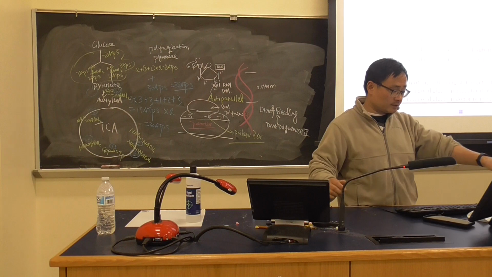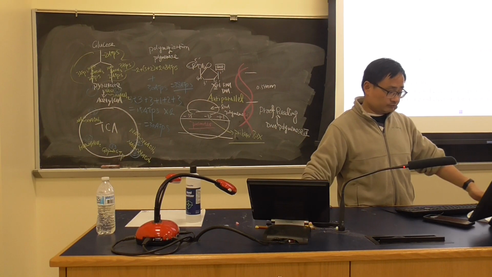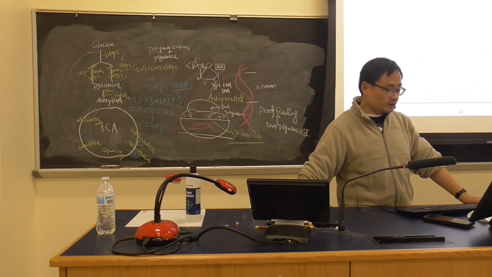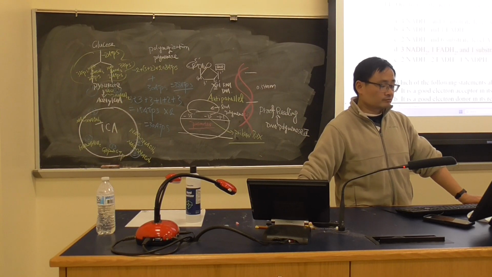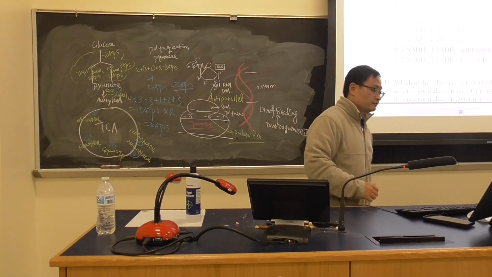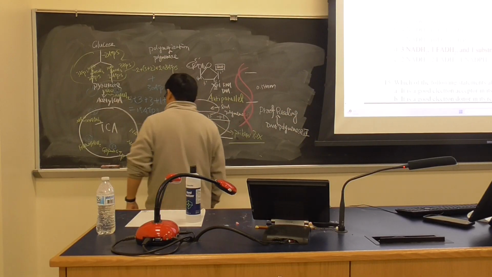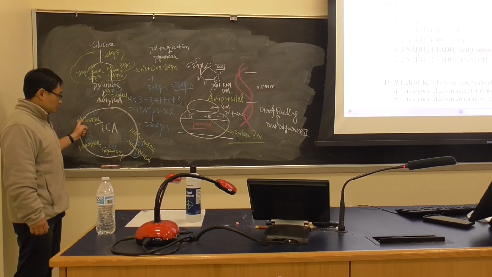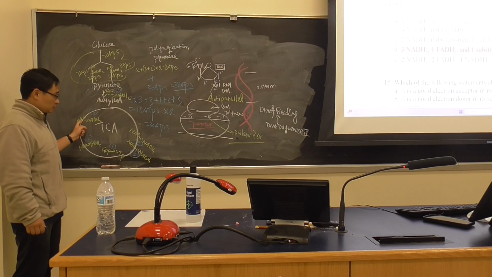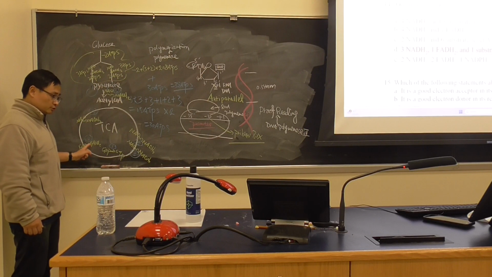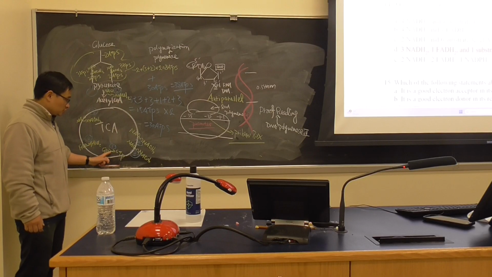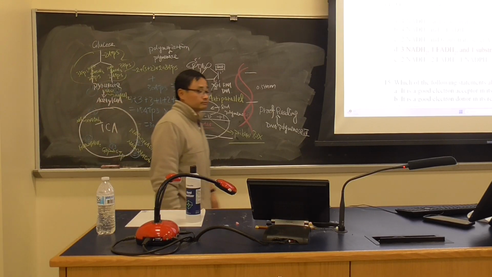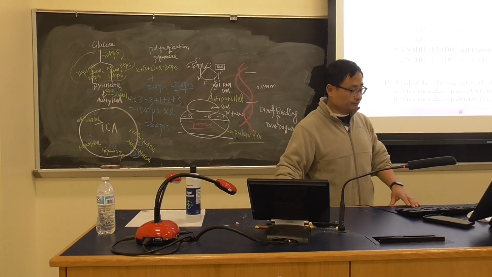So all the others, A, B, C are done. They never had NADPH in the Krebs cycle, so the answer is D. 3 NADH, 1 FADH2: 1, 2, 3. 3 NAD reduced to NADH, 1 FAD reduced to FADH2, 1 GDP becomes GTP. Is that right? That's very clear.